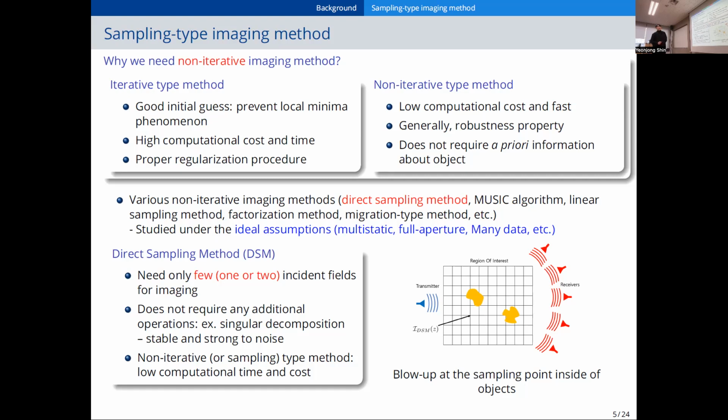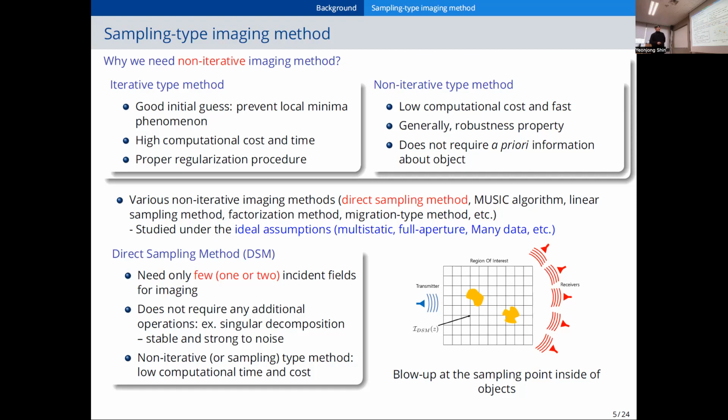Among these methods, I choose the direct sampling method in this presentation because it is very, very simple. The main advantage of the direct sampling method is that it needs only a few incident fields. This means that we need only one or two transmitter antennas.